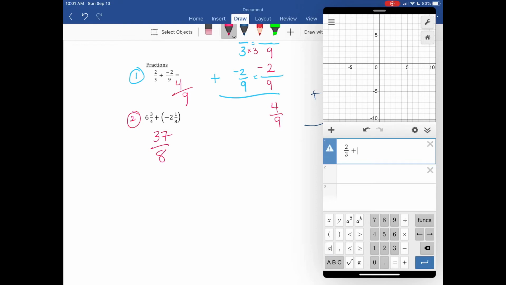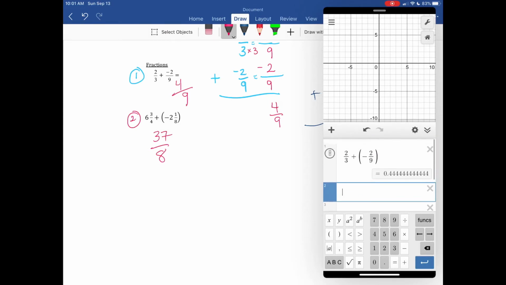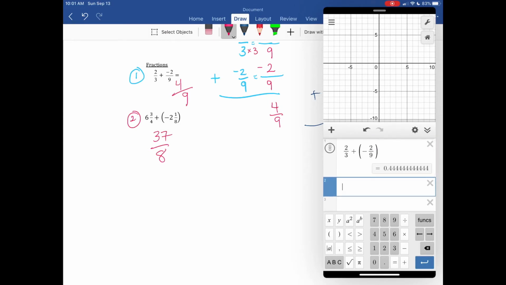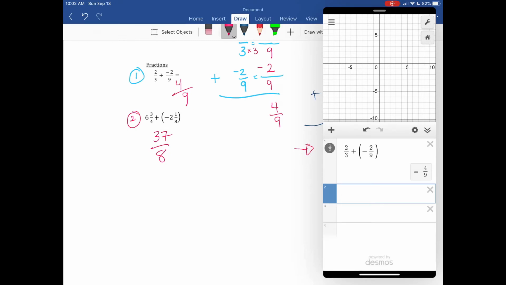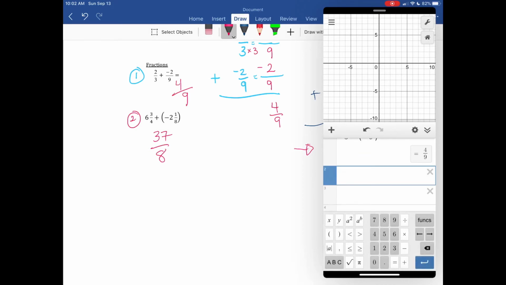Plus, and then I'll put this one in parentheses, -2 divided by 9. And it's telling me that's 0.4 repeating. And remember, I can hit that little numerator over denominator button, and it's telling me 4/9, which is good because that's what we got.